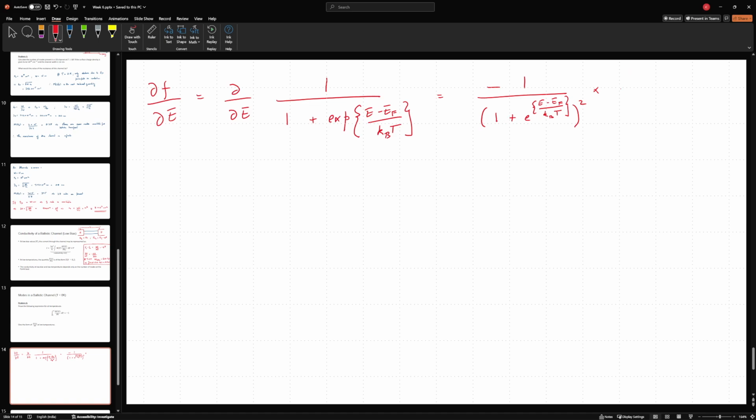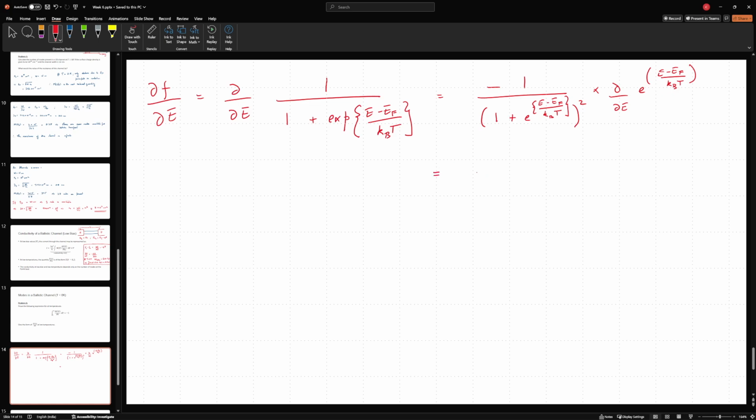One is a constant, so I will just write this as dou by dou E of e to the power E minus EF upon KBT. Now, I've already told that E and EF can be treated as independent variables, so I need not concern myself with that. The only derivative I need to consider is this factor of E divided by KBT.